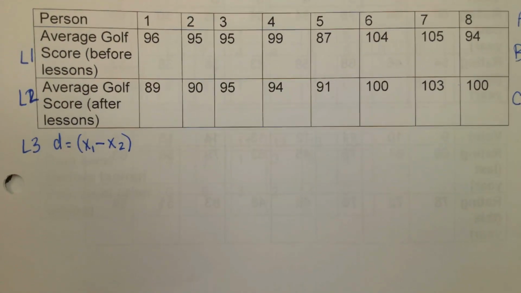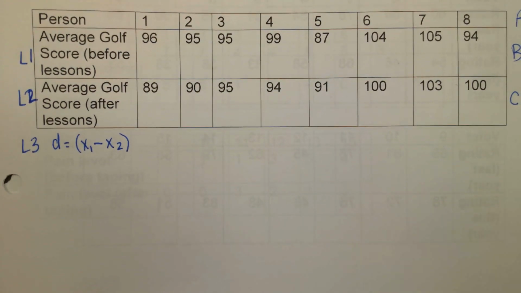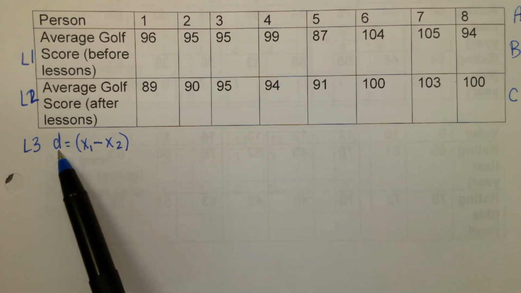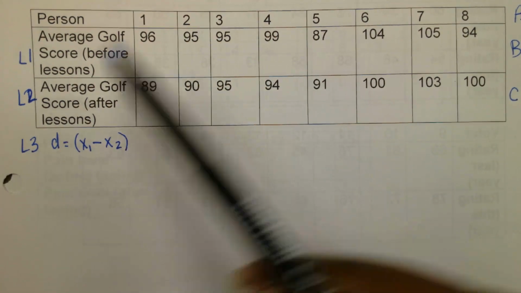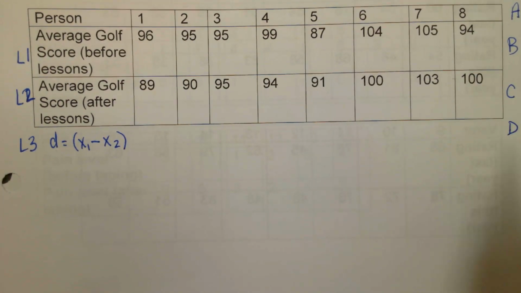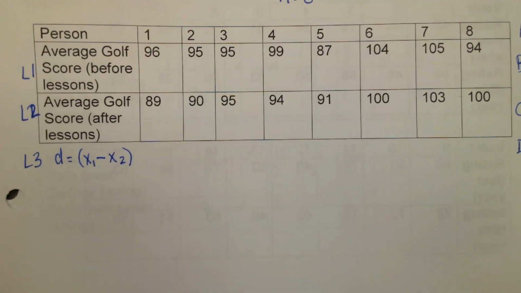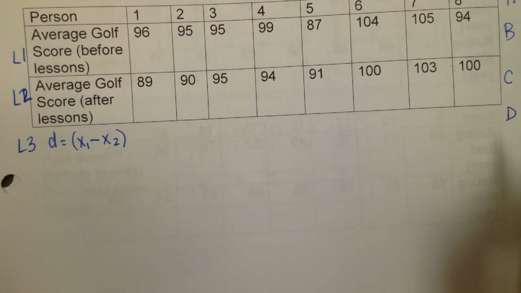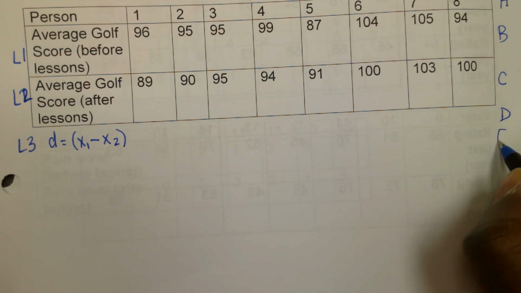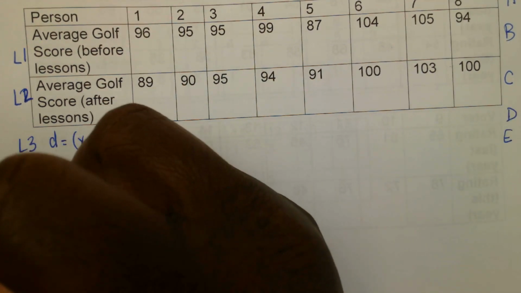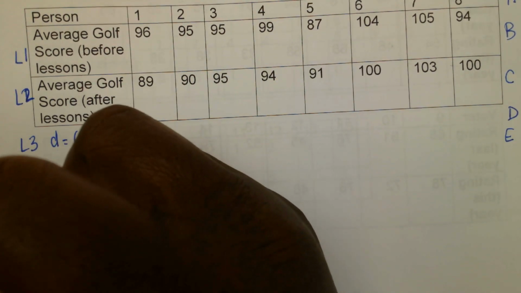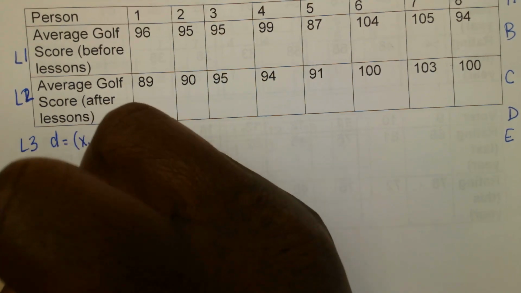All right, so now I have everything set up in the technology. I have my D column in L3 and my D column in Excel. In Excel, we have that extra column, call that E, and we did our D minus mean.